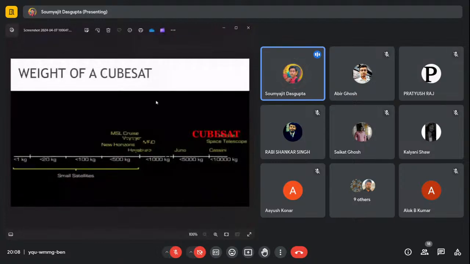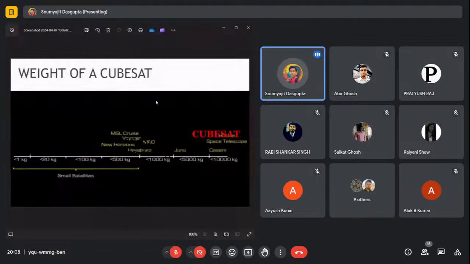And if you talk about the weight, a small satellite is like 1 kg to 500 kg. But a CubeSat must be less than 1 kg, like 900 grams or 700 grams.